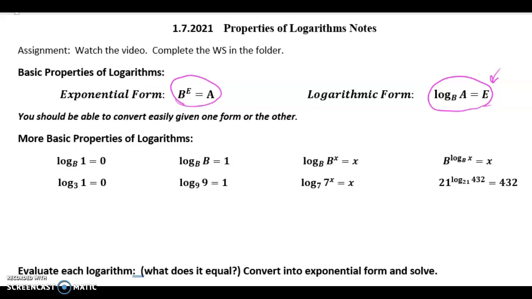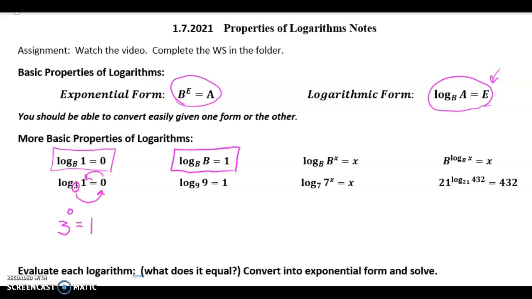Here are some additional log properties. Log base B of 1, any base, will always equal 0. That's because, here's an example, 3 to the 0 power is equal to 1. Starting at the base, the exponent is 0, and the answer is 1, and that is true. 3 to the 0 power does equal 1.